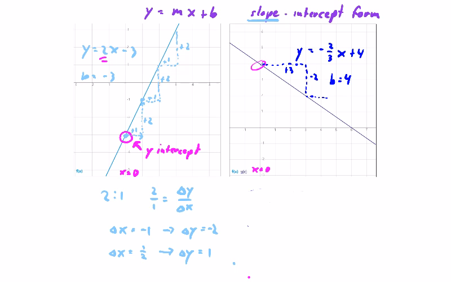And when x goes over another 3, y goes down another 2. So we have a perfect 2 to 3 ratio. Actually, it's a negative 2 to 3 ratio for the change in y to the change in x, which we could call negative 2/3. Once again, that is the slope of the second graph.